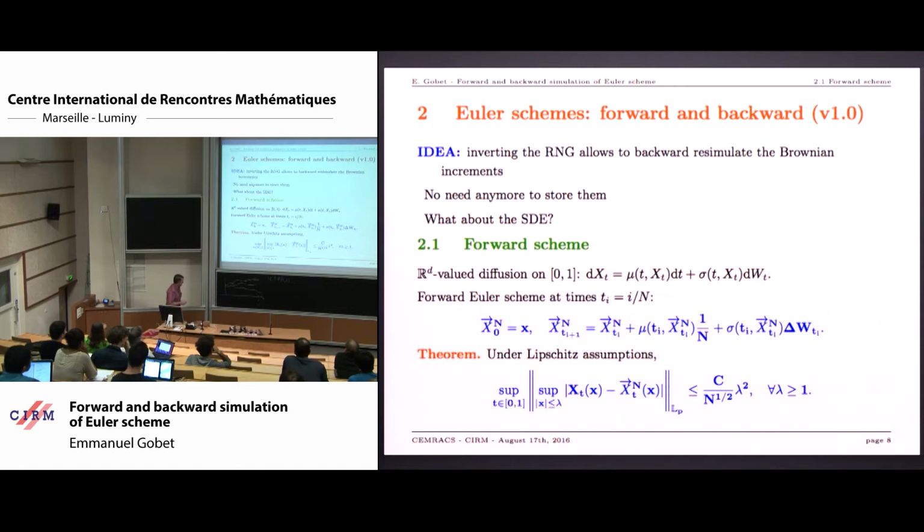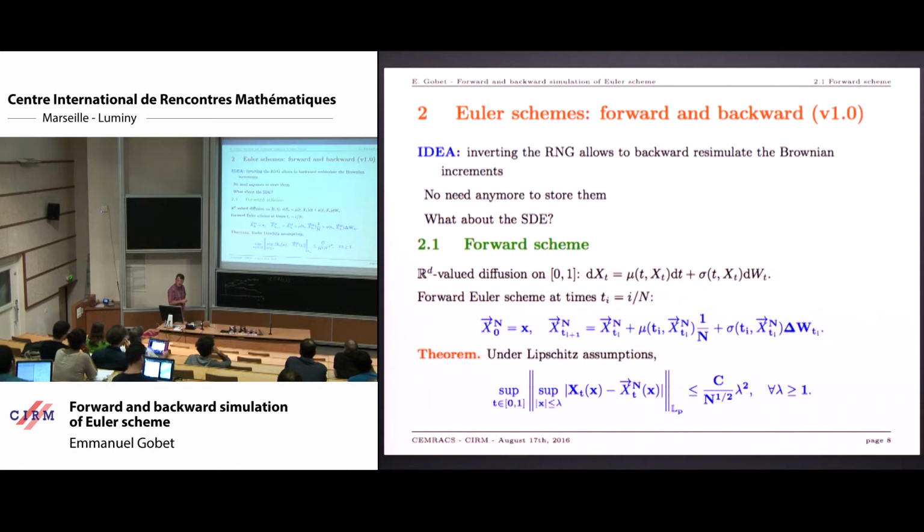We need that the distance between the processes is uniform in the starting point in a compact set. So not only are you interested in a single starting point, but you would also like to have a family of starting points, and you want an estimate which is uniform on this family.